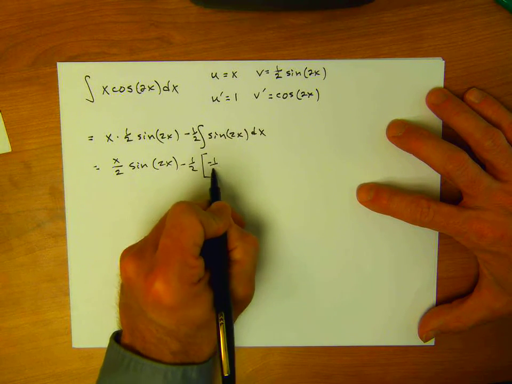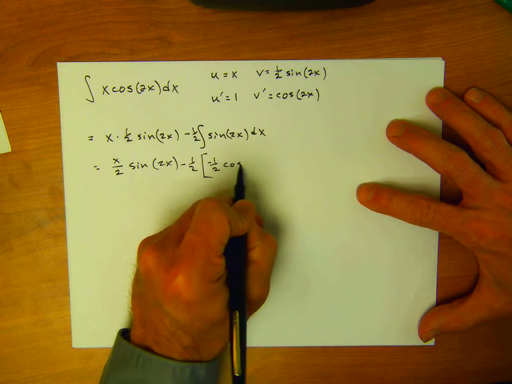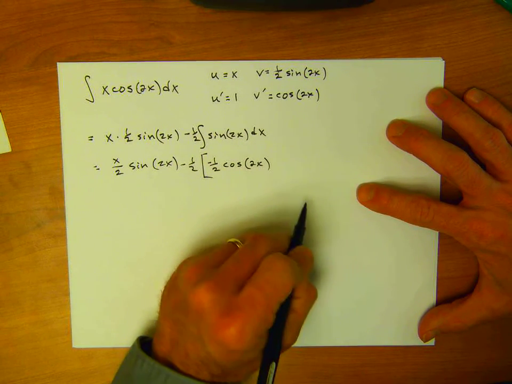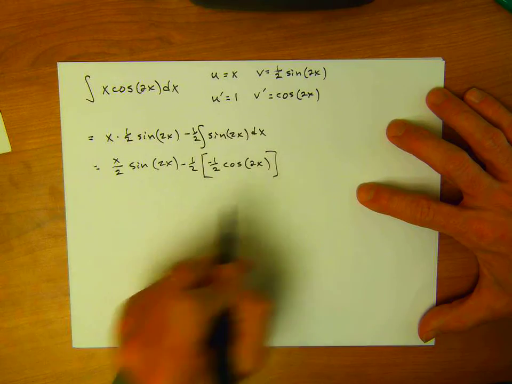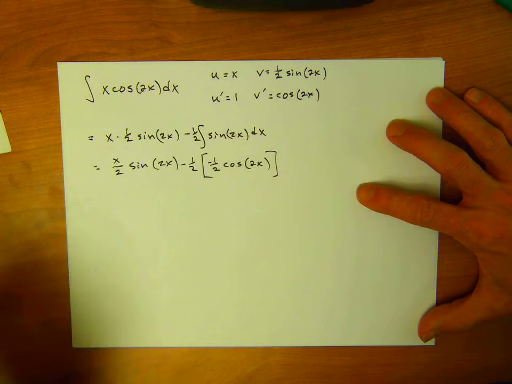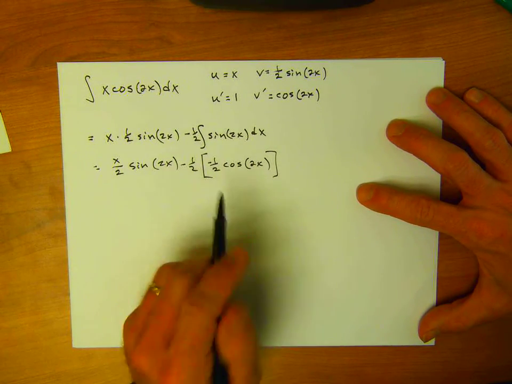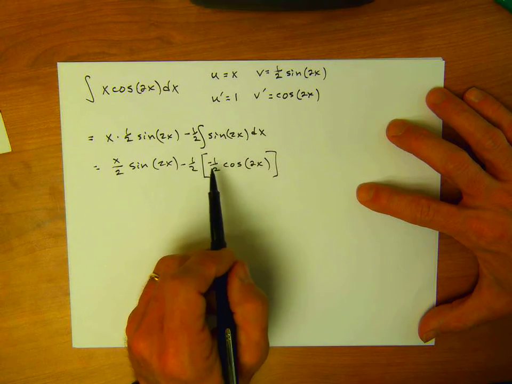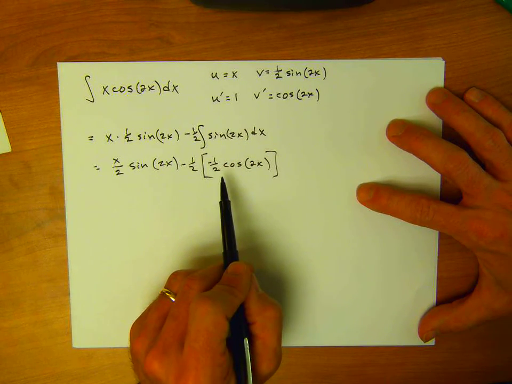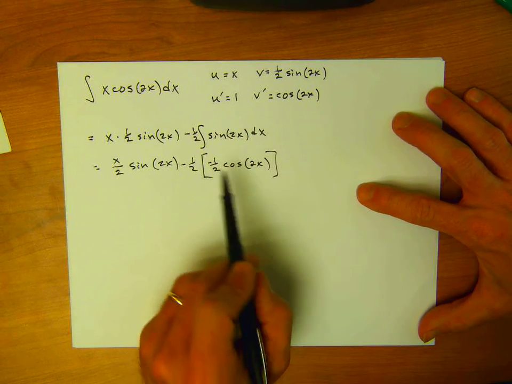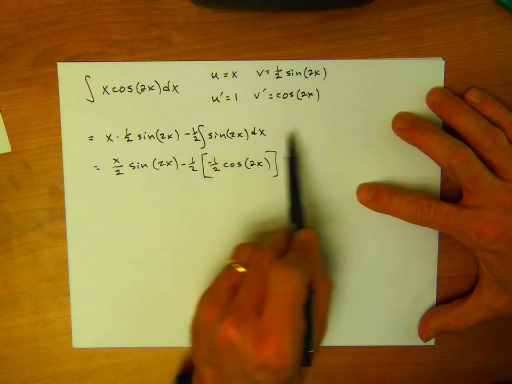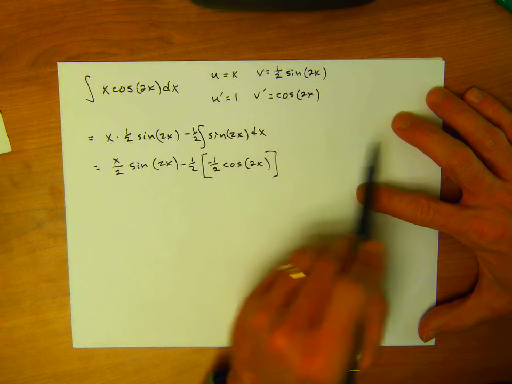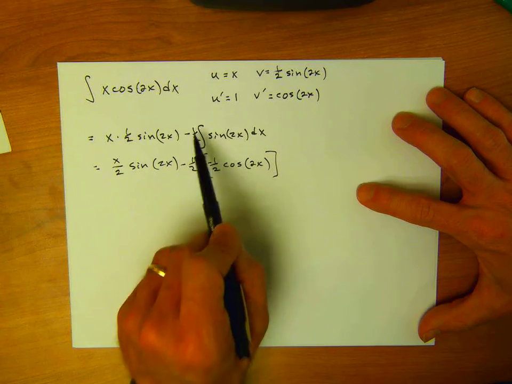So I end up with a negative 1/2 cosine 2x. Again, you could use u substitution for that, or t substitution if you please, but I'm going to assume you know how to do that. If you're not sure, then I would recommend that you make a substitution, let t equal 2x, take the derivative, divide through by 2, and you'll get your 1/2.